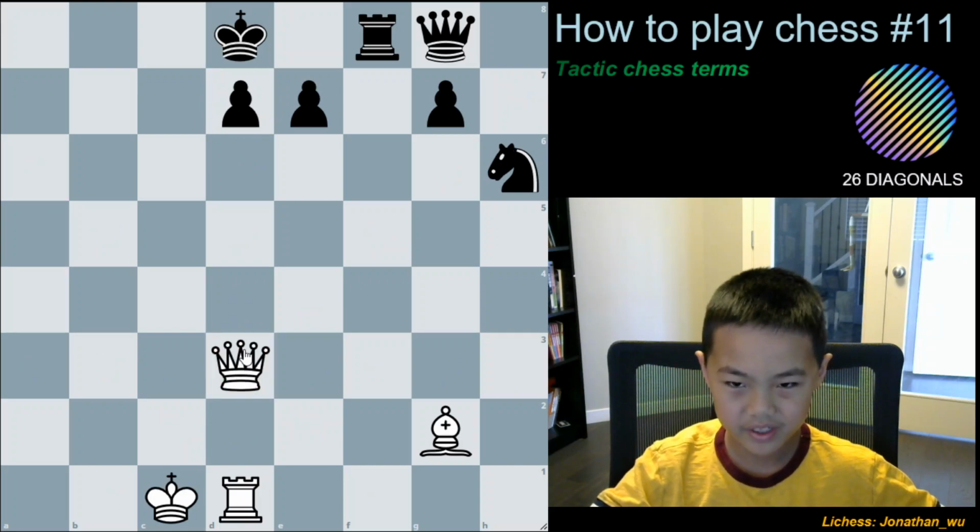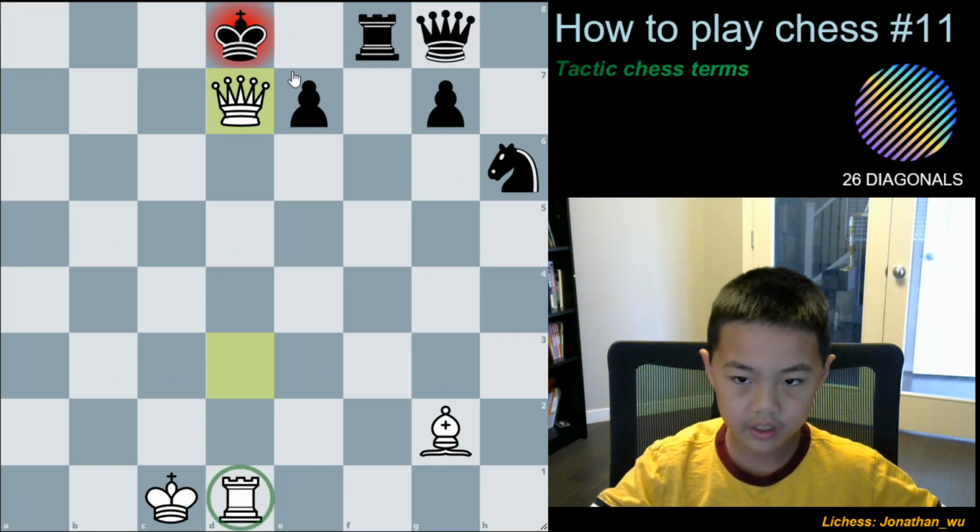I don't think it would. So this is basically where you can use it vertically and horizontally. So it's basically the same. The rook is protecting the queen, so yeah. The king doesn't really have anywhere to go. It's checkmate.